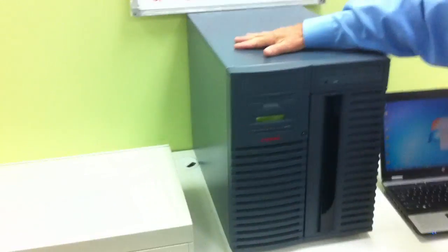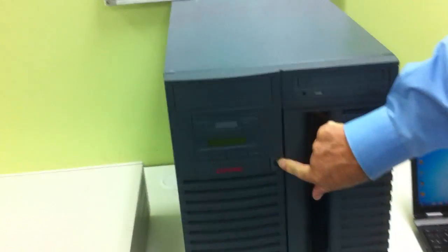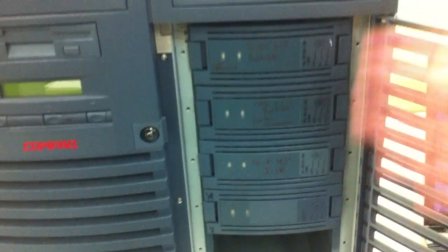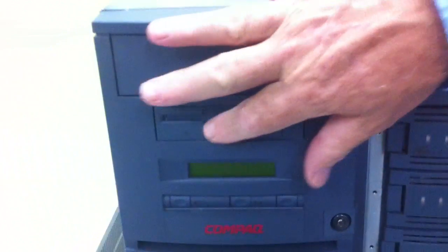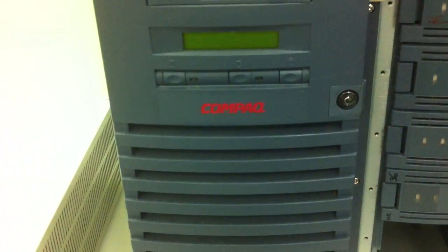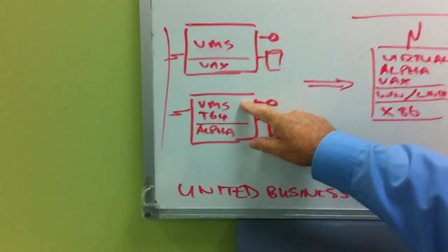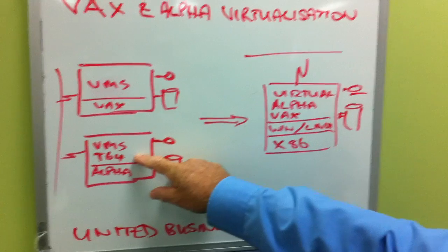And the blue box here, next to it, is an Alpha server. And this is the highest volume Alpha server ever made by Digital. It contains some disks, but you can have external storage, you can connect it to a SAN. It's got floppy disks, very innovative at the time. And it ran two operating systems, one called VMS and the other called True64 Unix.